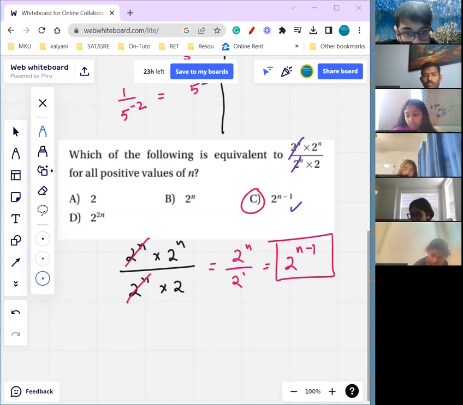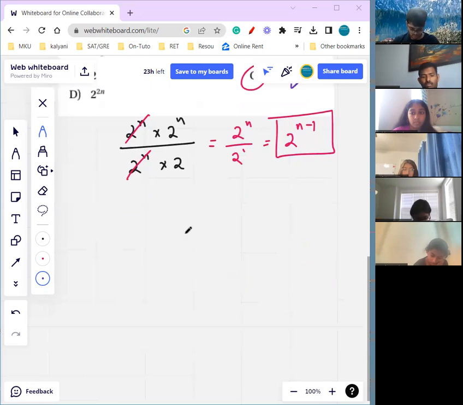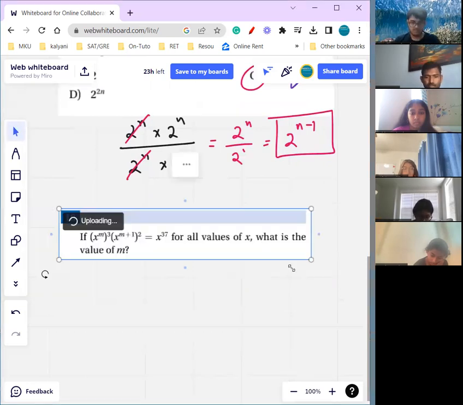Okay. So the next one, same, using the rules of exponents. Let's try one more question. Ara, please read this question for us.